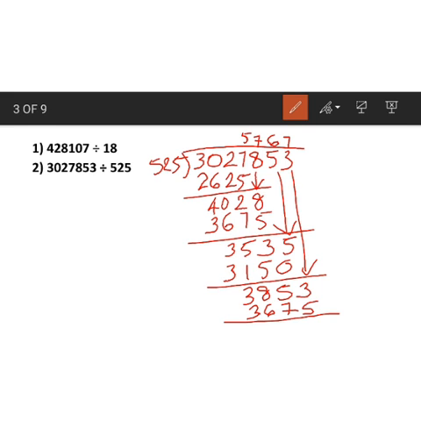Now we'll get the remainder as 178. Our remainder is 178. So our quotient is 5767. This is how we do the division for large numbers.